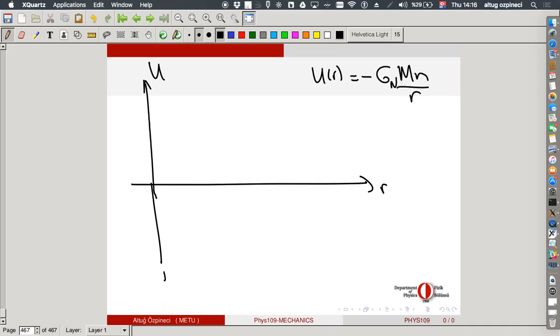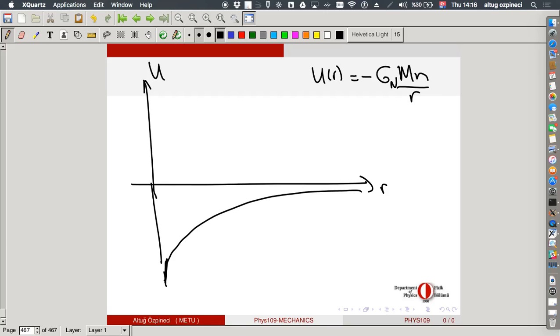Now let's also see how this looks. Let's sketch its shape. This is U as a function of R. Of course, R starts from 0.